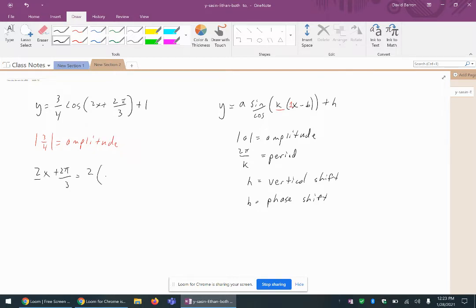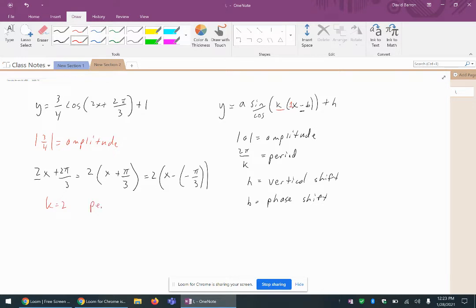So pull out a 2: 2 times (x plus pi over 3). And we also need this to be a negative in there. So this is the same as 2 times (x minus negative pi over 3). So our k is going to be 2.